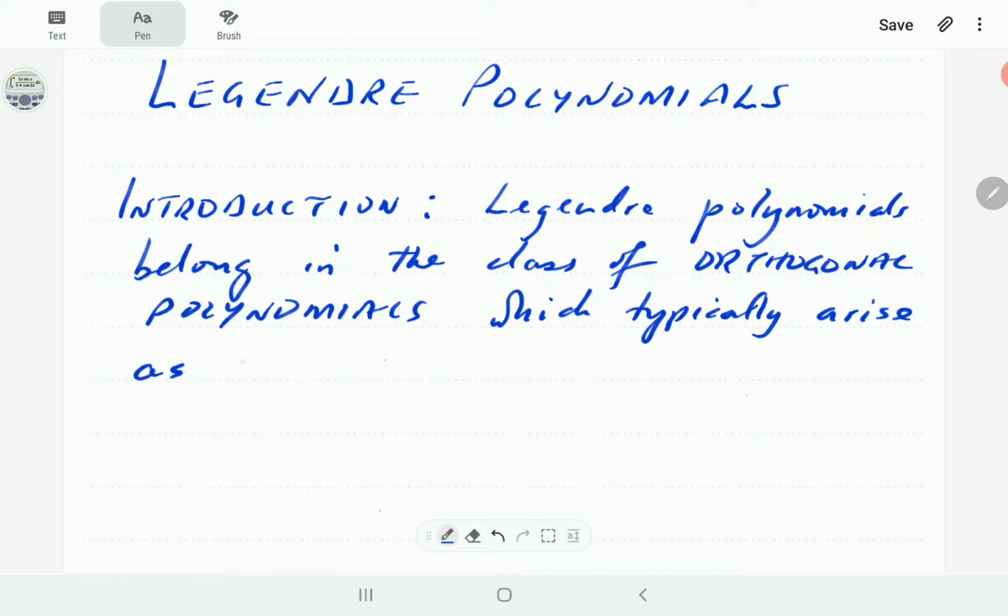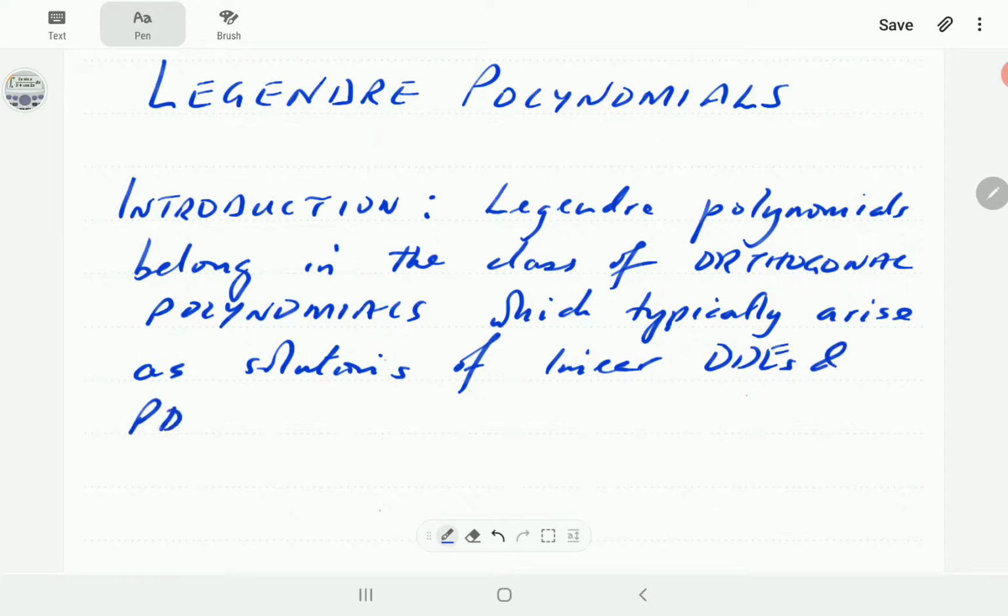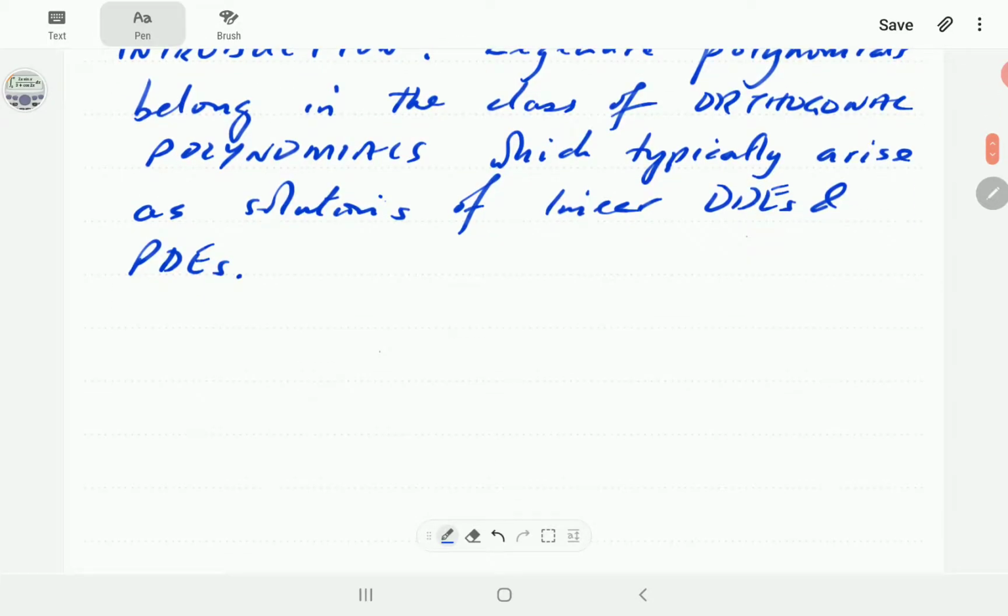So these arise as solutions of some standard linear ODEs and PDEs, typically of second order.